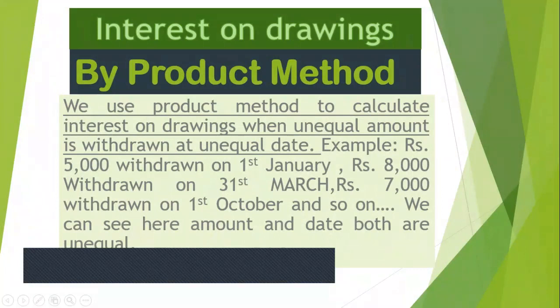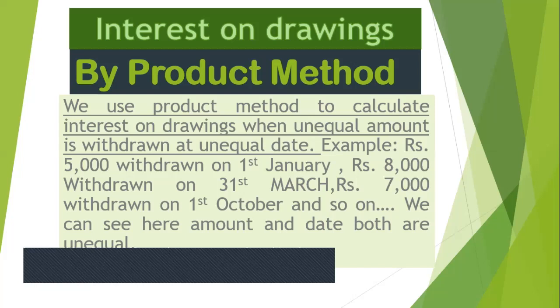For example, I have taken here rupees 5,000 withdrawn on 1st January, rupees 8,000 withdrawn on 31st March, and rupees 7,000 withdrawn on 1st October, and so on. So you can observe here drawing, every time the amount of drawing changes and the date also changes. This is not a fixed date, at the beginning or at the end, at the middle.